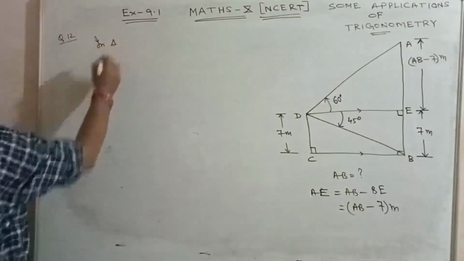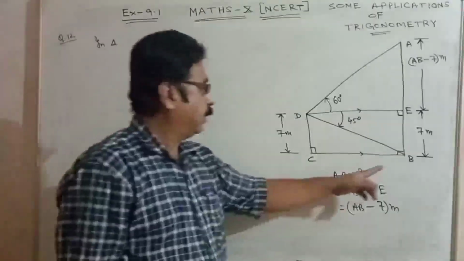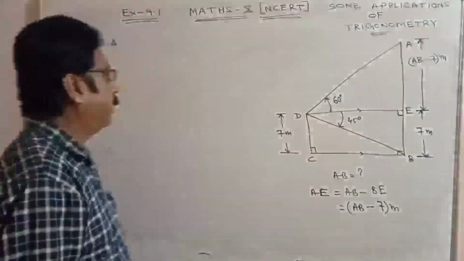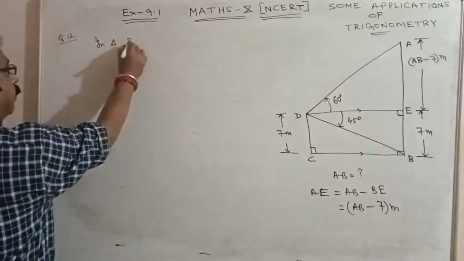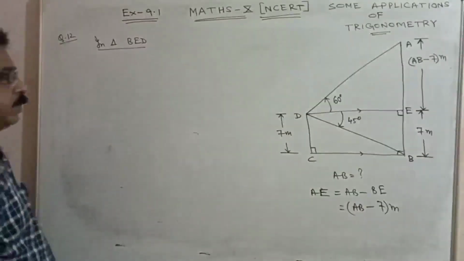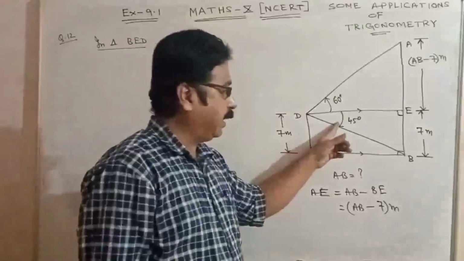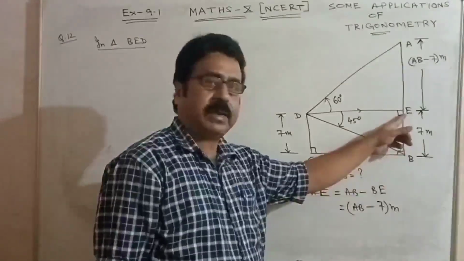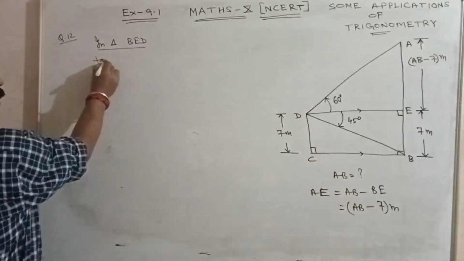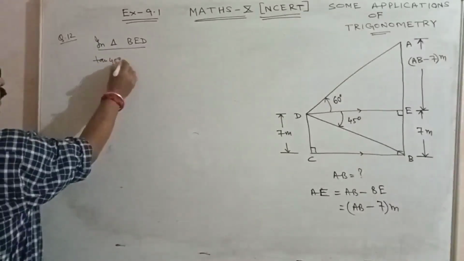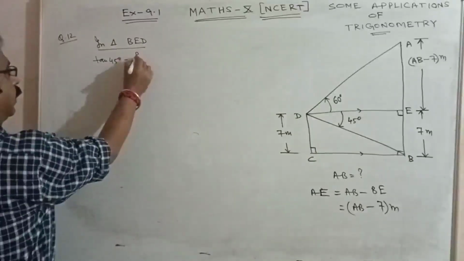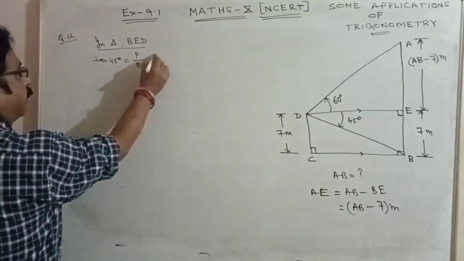In triangle BED, the angle is 45 degrees, the opposite side BE is the perpendicular.